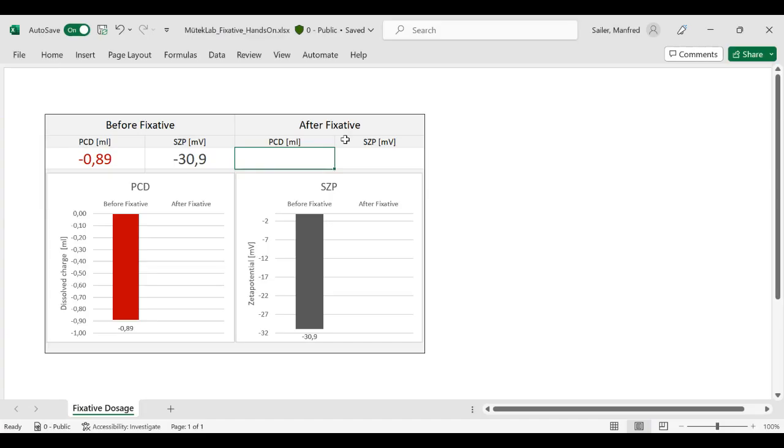After fixative dosage measured with the PCD, we got a minus 0.11 milliliter. And if we look at this result now, we started with an anionic trash load of roughly minus 0.9 milliliter. We are now, after the fixative dosage, reduced to minus 0.1 milliliter.